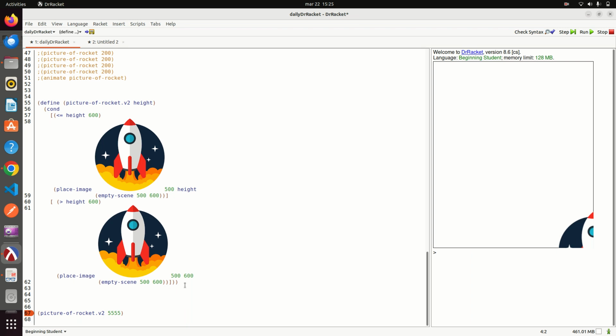You do see it on the edge, but we don't see it like that. Let me try something. If height is less than or equal to... it is completely squashed actually.